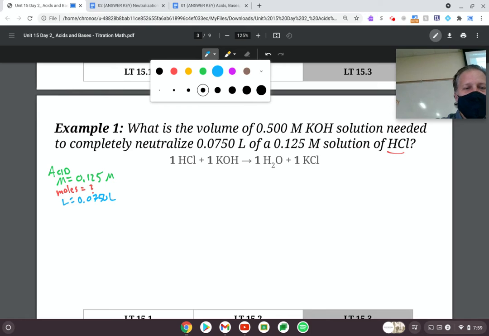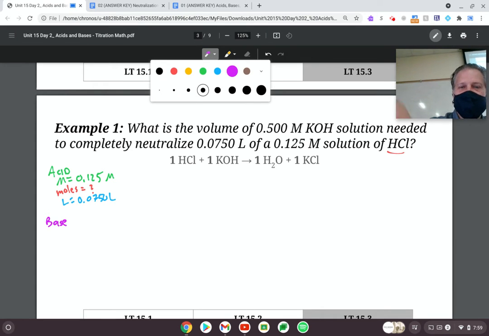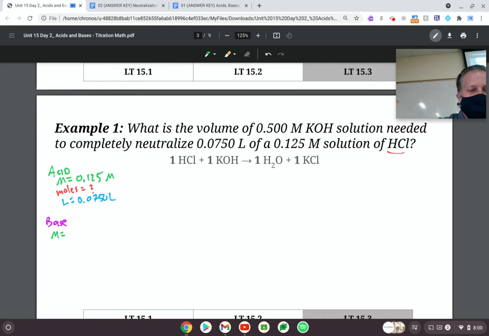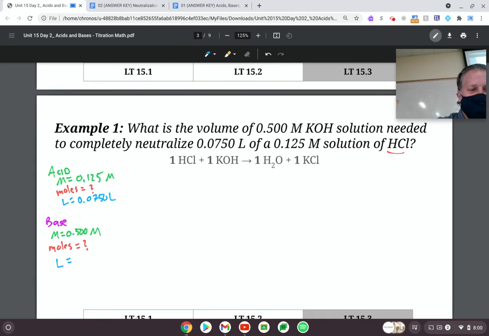Okay. On the base side, I know the molarity, which is 0.500 molar. I also don't know the moles. But I'm asked to solve for the volume of the base that I need.